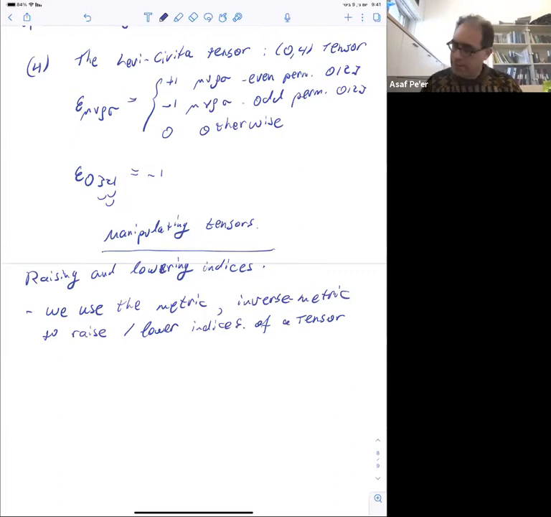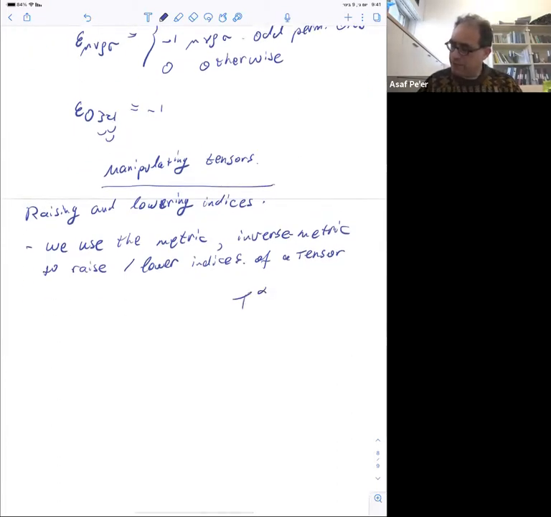So let's say that I have a tensor T alpha beta gamma delta. Then I can use the metric and inverse metric to raise or lower the indices. For example, I can multiply it by the inverse metric eta mu gamma. That's going to be equal to what?